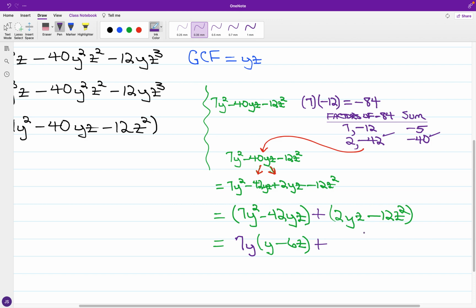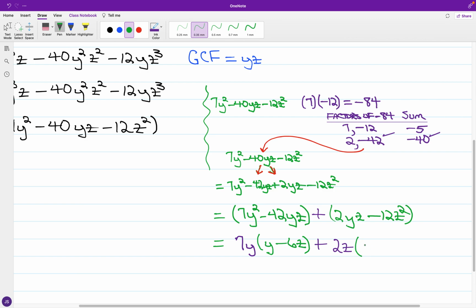And looking at the next pair, you have 2yz minus 12z squared. For the greatest common factor, we have even coefficients, and z is also common, and we'll end up with 2z as the greatest common factor, dividing into this binomial.